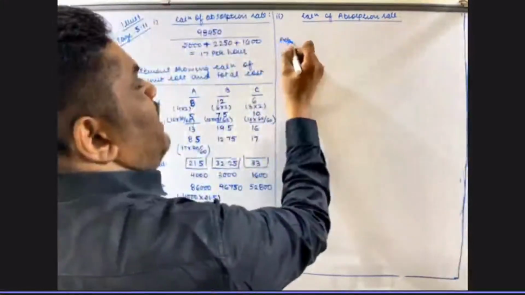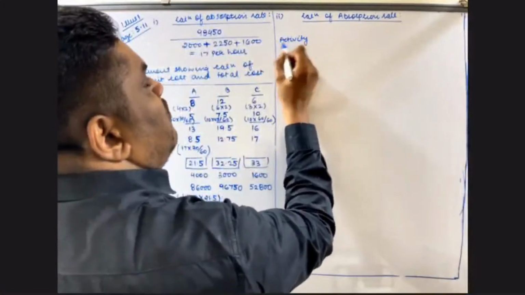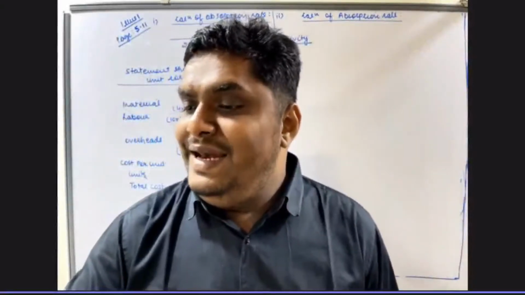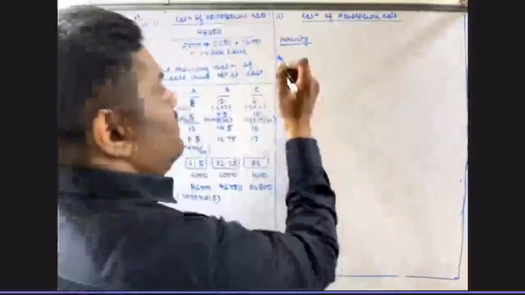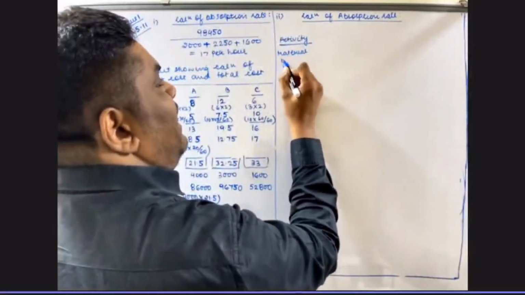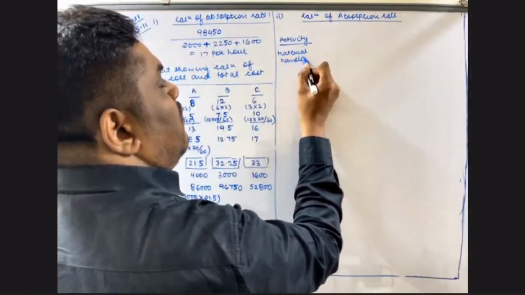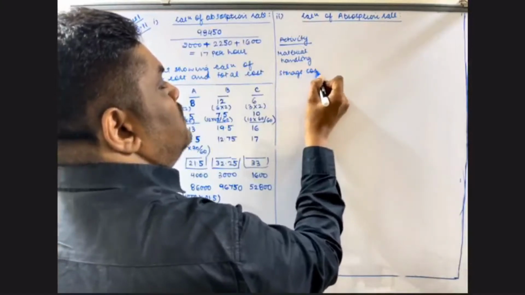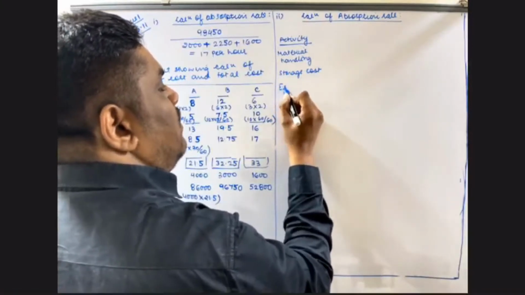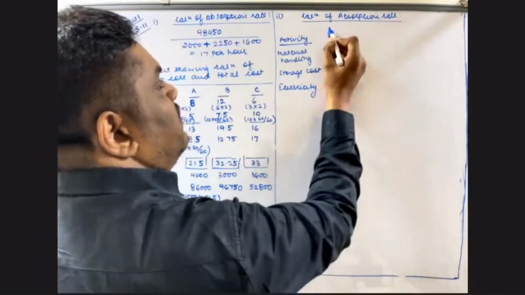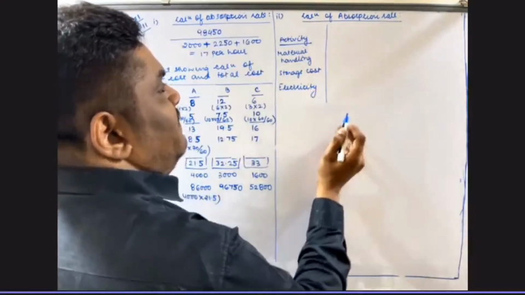So herein when talking about the activity, what all activities are there? That is material handling, storage cost and electricity. So these are the activities.